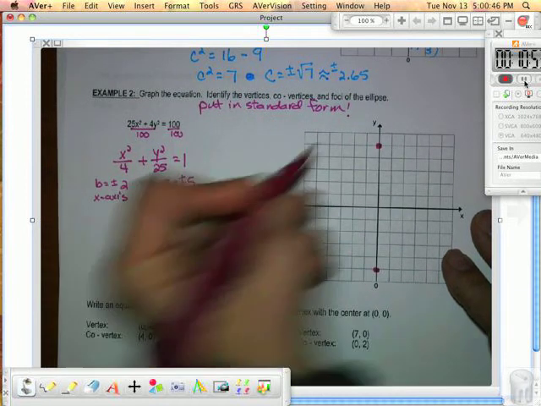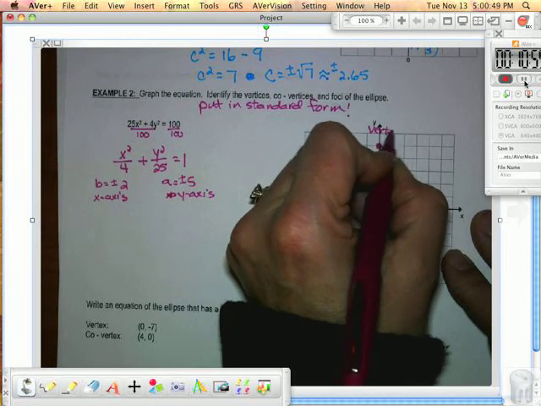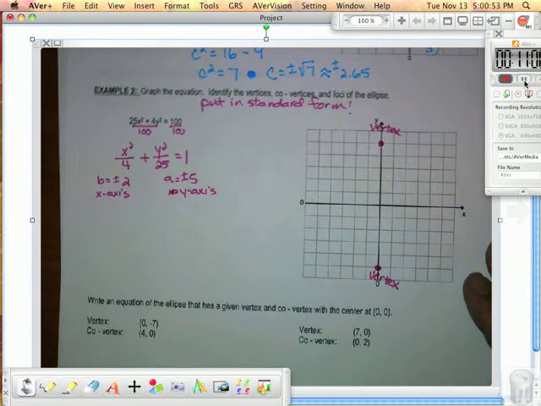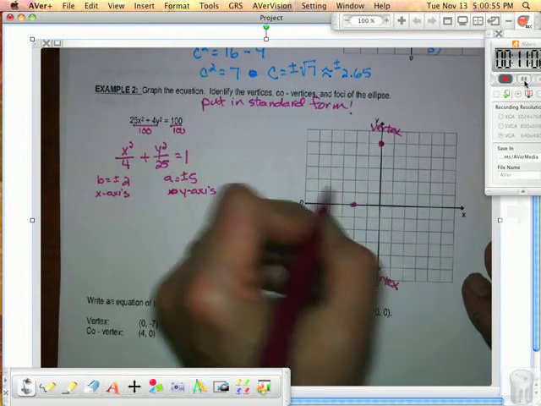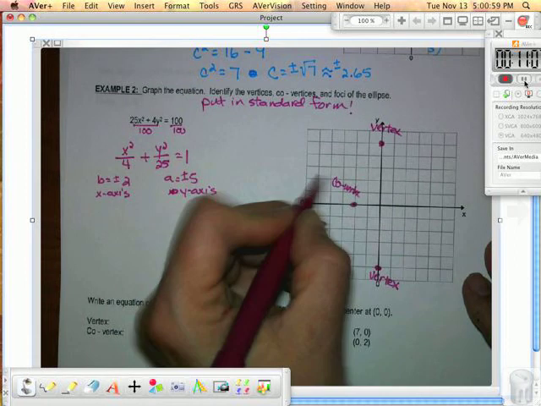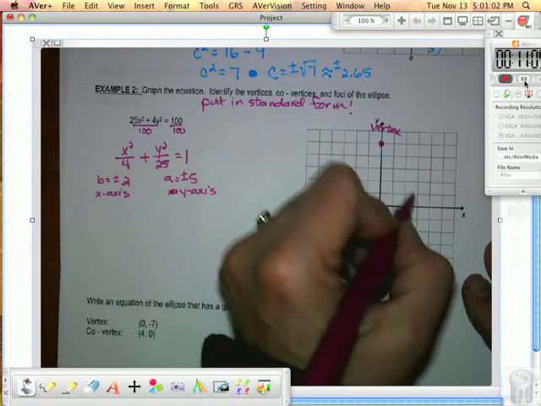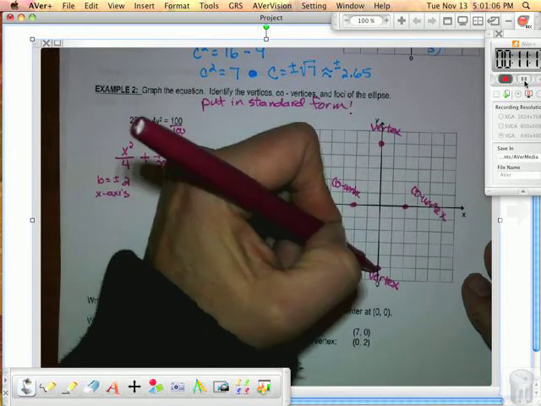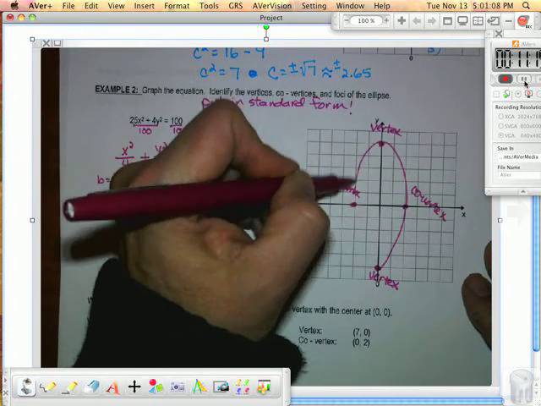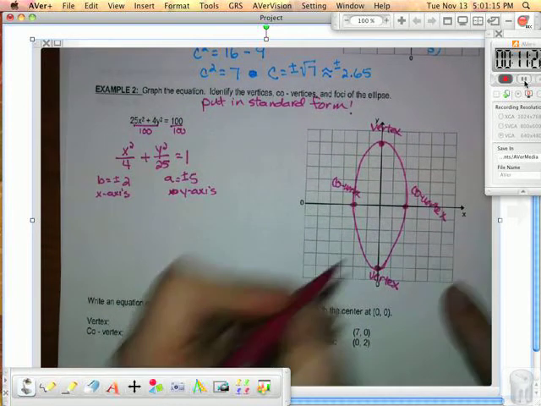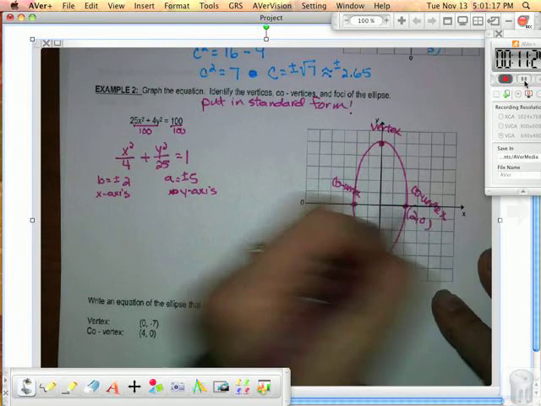This is my vertex and vertex. And then I can do negative 2 is my co-vertex, and positive 2 is my other co-vertex. And then I can just sketch it. It's kind of a skinny egg there. All right? Pretty cool. So now let me just label these points just so you know where we're at here.